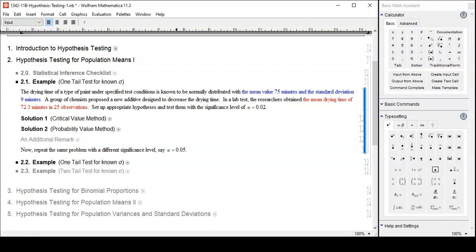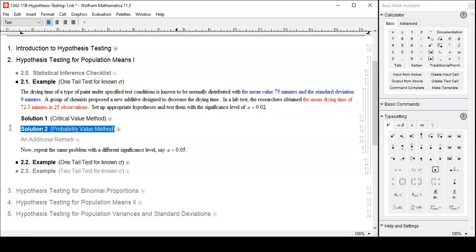Now, fair warning, students who take critical value method usually score better. That was my experience. I've been teaching statistics at college level since 2001, so it's been over 20 years. And I've experienced many semesters, and over the years I found that students usually do better this way.